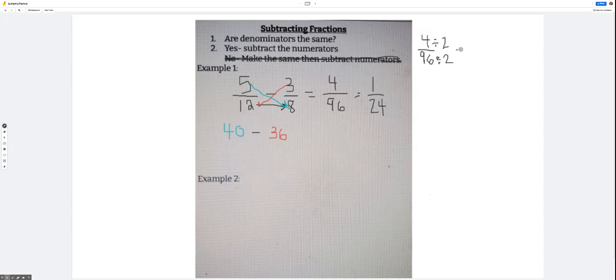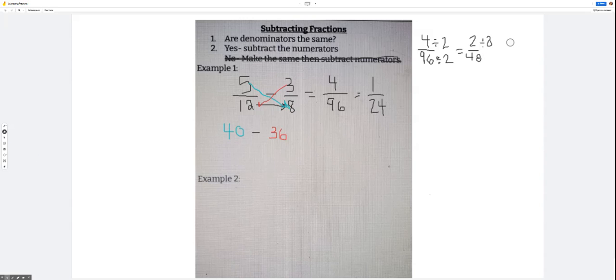After I divide them both by 2, I get 2/48ths. And I should know that 2 and 48 are both still even, which means that I can still divide them by 2.